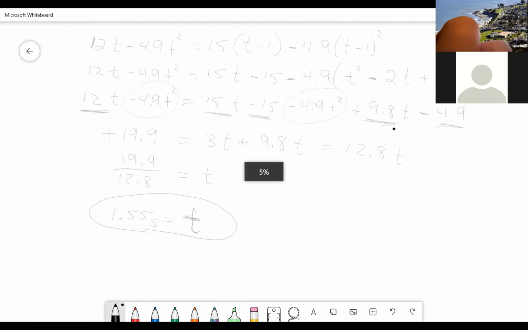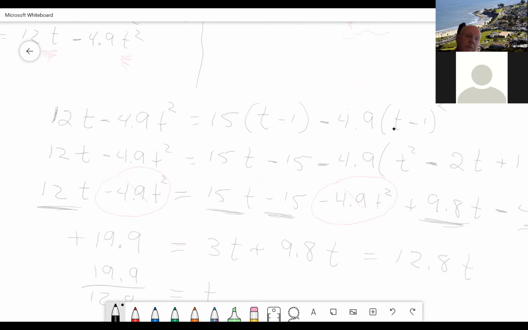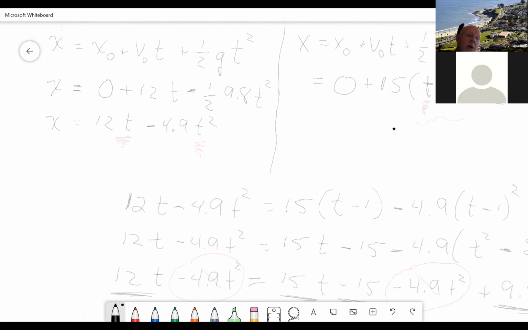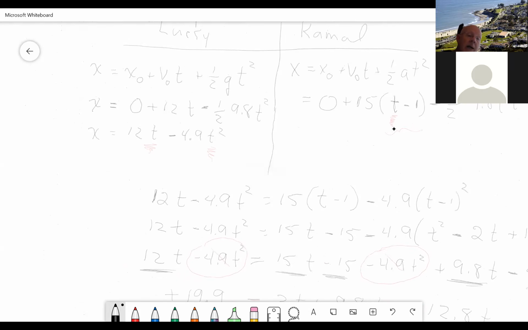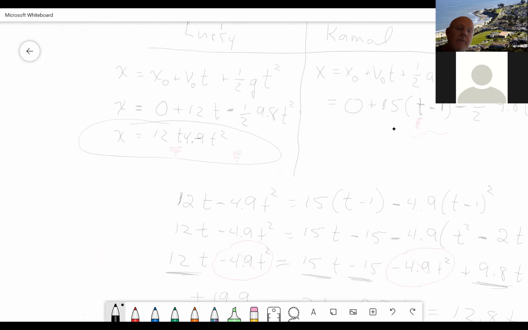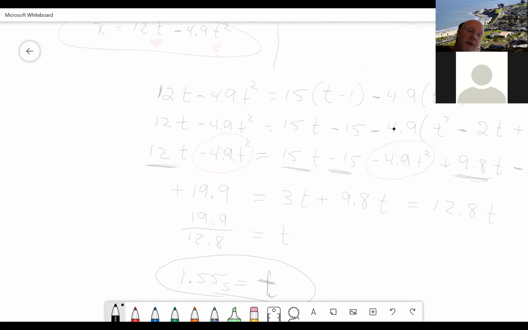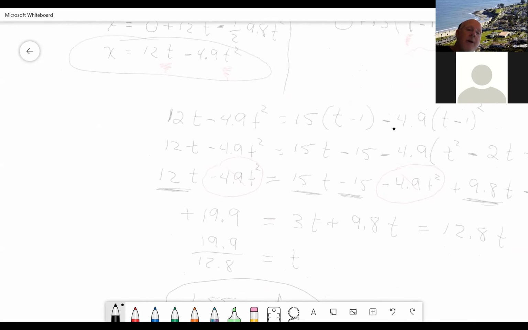So I'll go ahead and jump back to maybe the equation for Lucky and put in that time. And so taking this equation right here, I didn't want to do that. Now I messed up the equation. Where's my undo? There we go. I'll just rewrite it. I was thinking I could copy and paste it, but I'm not that proficient at the whiteboard here.